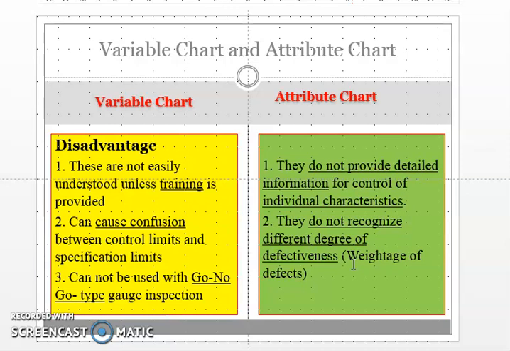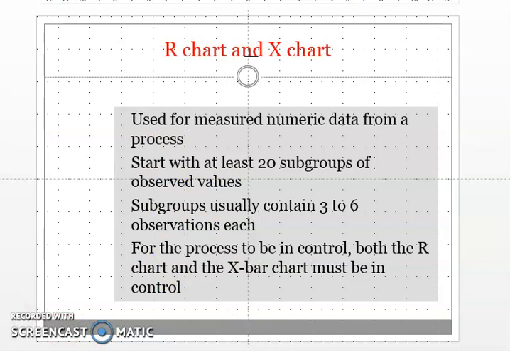Now we are going to see the procedure to draw the X bar chart and R chart. These are used to measure numeric data from a process, that is, different characteristics we can measure as numeric data.